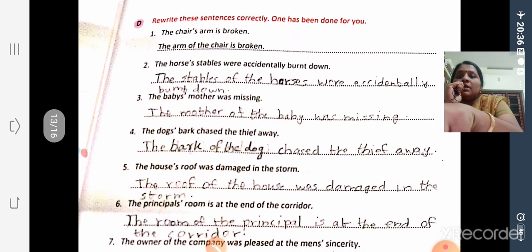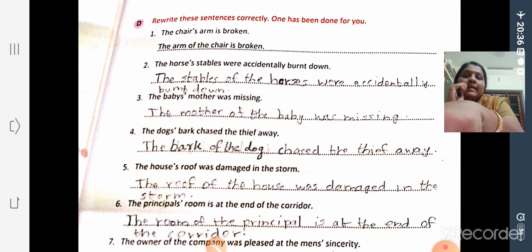Okay. So like that you write all these exercises. Then rewrite these sentences correctly. One has been done for you. The chair's arm is broken. This has to be rewritten. The chair's arm, changed to the arm of the chair is broken. Then the horses stables were accidentally burned down. Horses stables changed to the stables of the horses were accidentally burned down. The baby's mother was missing.